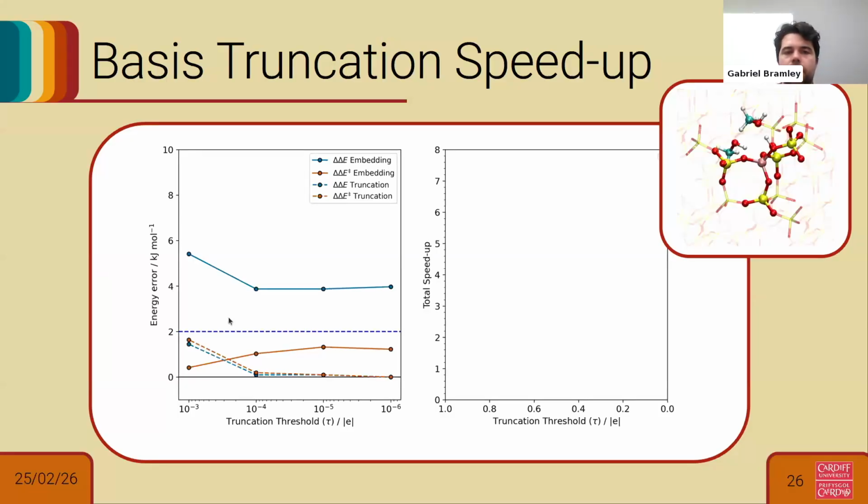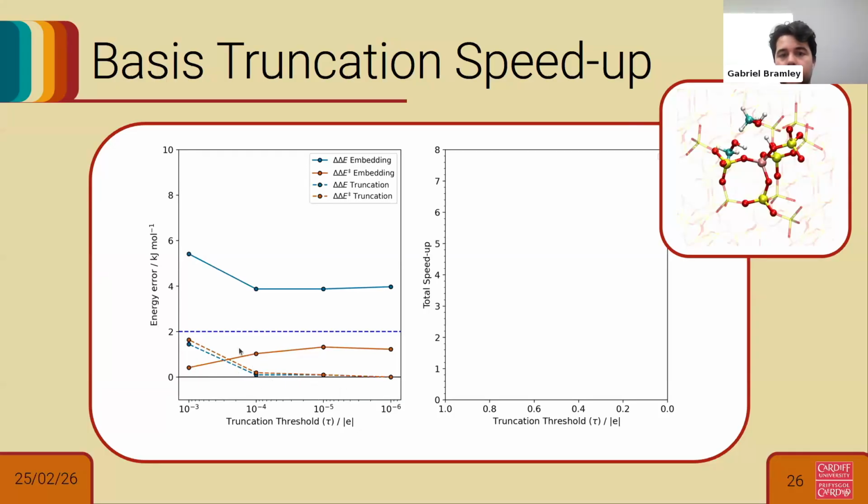And the other thing, we have our error associated with truncation. So what we take is, we take this large cluster, we cut out an active region, and then we truncate the basis for a PBE naught and PBE calculation. And for a threshold of 10 to the minus 4, we're getting essentially negligible levels of error.